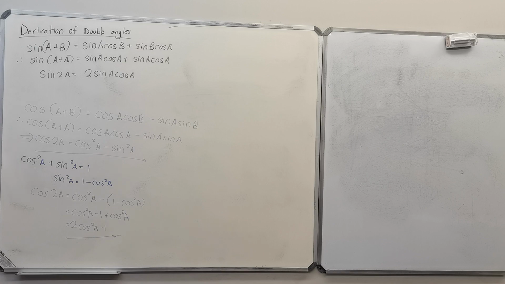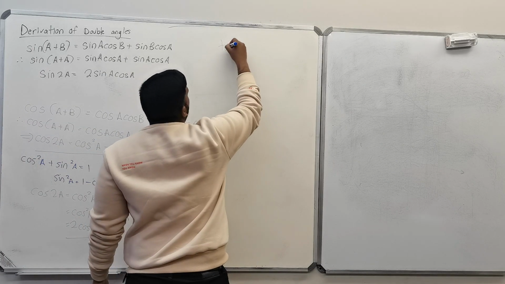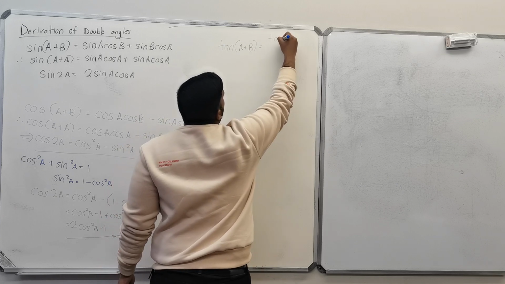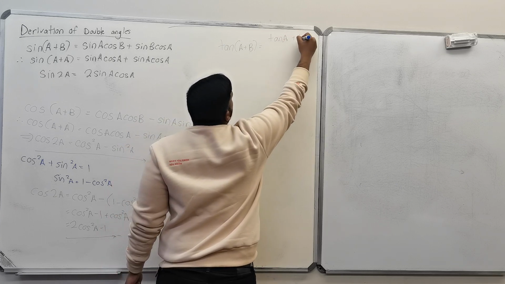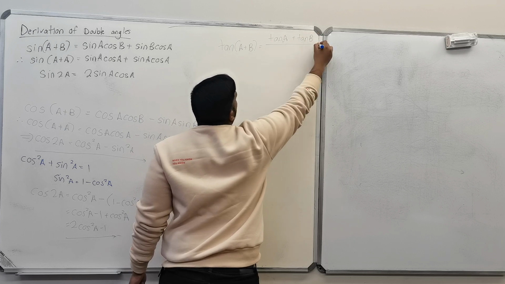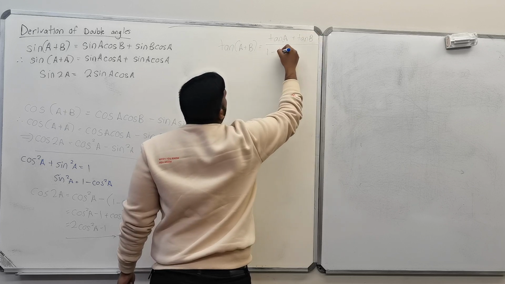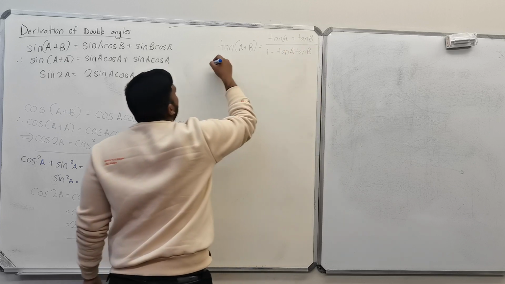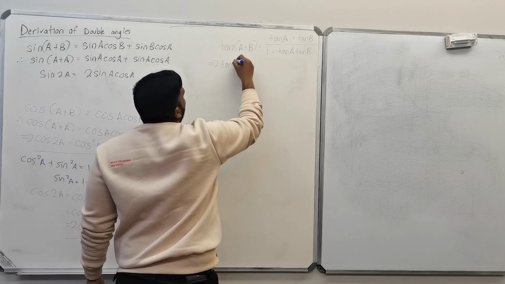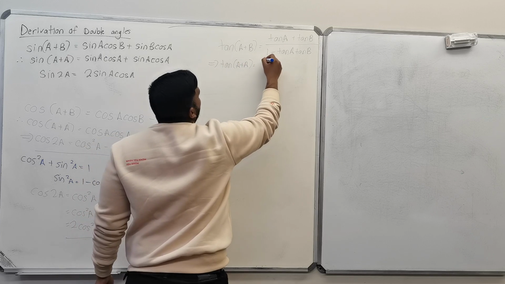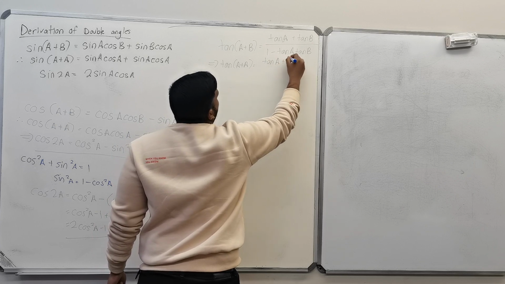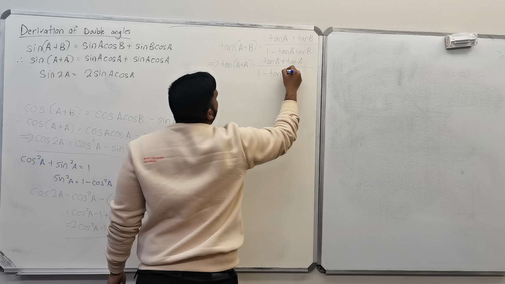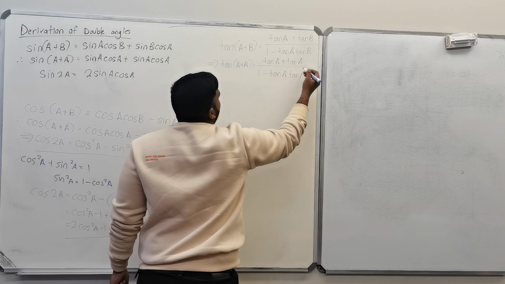So for tan, remember for a compound angle, tan of (A plus B) is equal to (tan A plus tan B) all over (1 minus tan A tan B). So tan of (A plus A) would be equal to (tan A plus tan A) all over (1 minus tan A tan A).